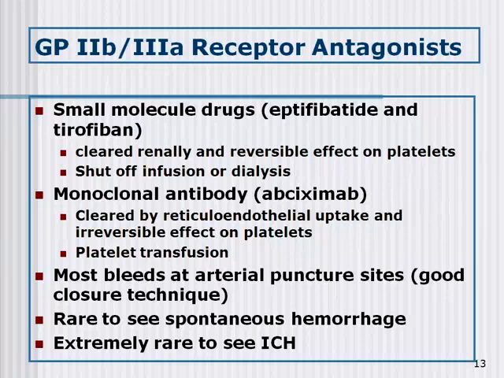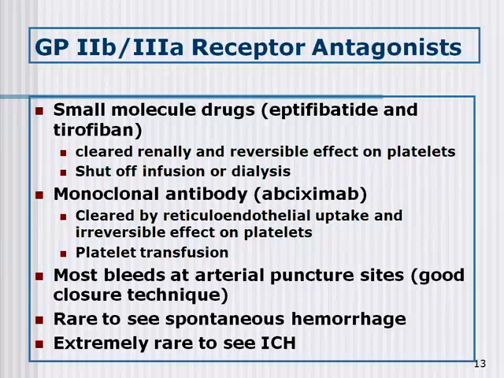But the small molecule drugs are cleared renally, so they do require dose adjustment in a patient that has renal dysfunction. And their effect on platelets is reversible. So if you shut off the infusion of eptifibatide or tirofiban, the platelets regain function once the blood level of those drugs drops below a certain concentration.